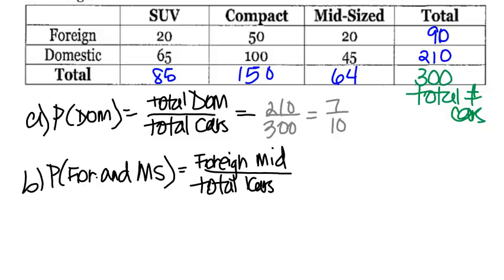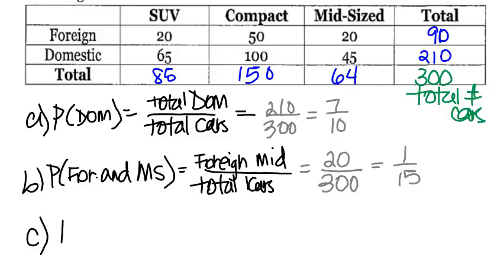Well, let's see, how many foreign mid-size do we have on the lot? According to our data, we have 20 out of 300 total cars, which is about 1 over 15. Okay, so far so good.